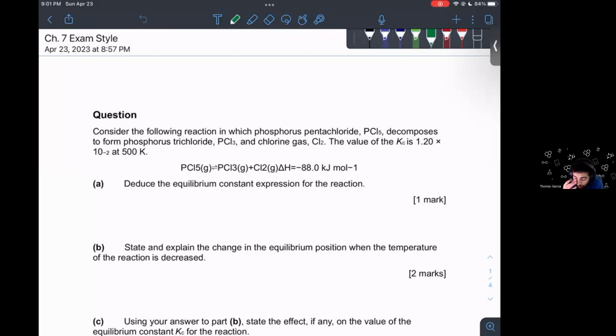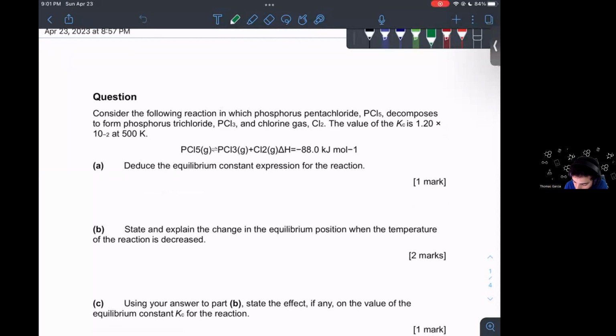Before I even start the question, I just want to notice a couple things right off the bat. I notice that my equilibrium constant is actually less than 1. Big thing: Kc is less than 1. Therefore, this reaction is going to be weighted towards the reactants. It's going to want to go back towards PCl5.